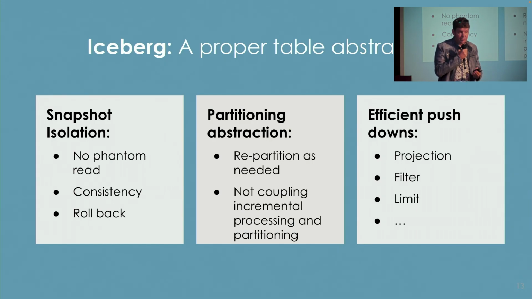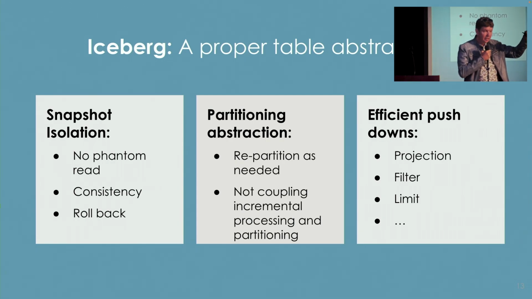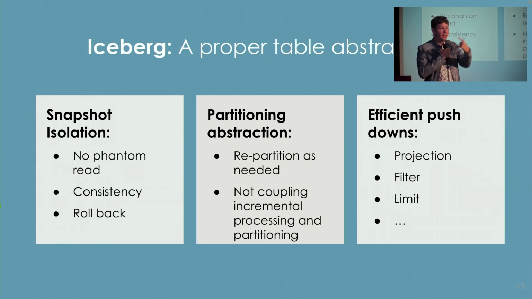There's a partitioning abstraction. So back in the day when we did incremental processing, you would create partitions with folders: year, month, day, hour, right? And put files in there, and tie hard coupling, your scheduling, and the partitioning of the data. Now it's not a problem anymore because you abstract that out and you can decouple this partitioning.